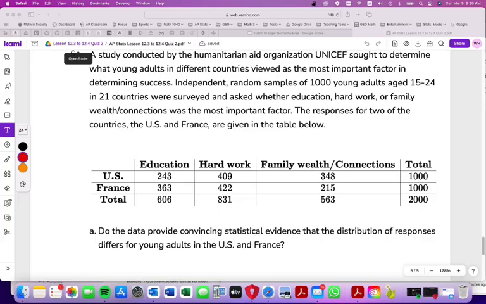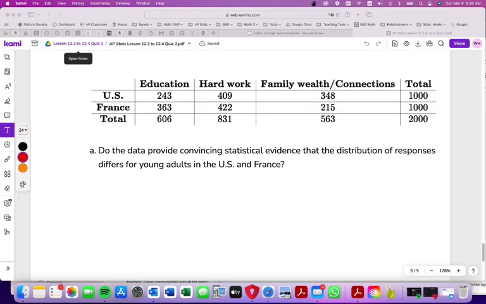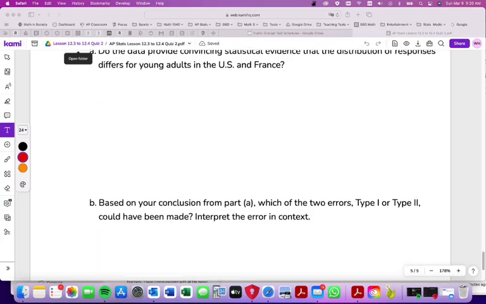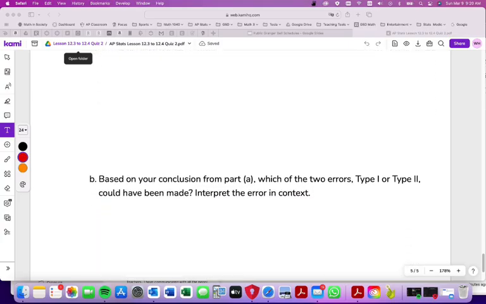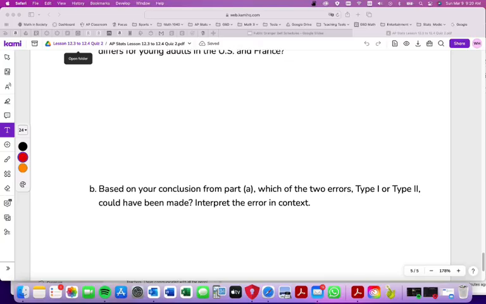So two populations, two samples, one variable. So this is a chi-square test for homogeneity. So we'll work this through and try to answer this question.